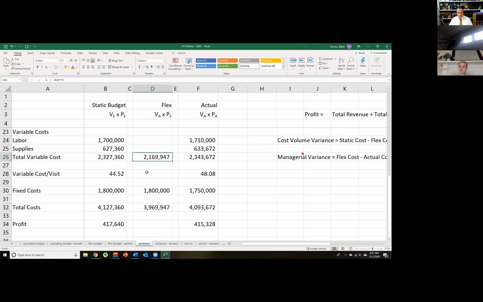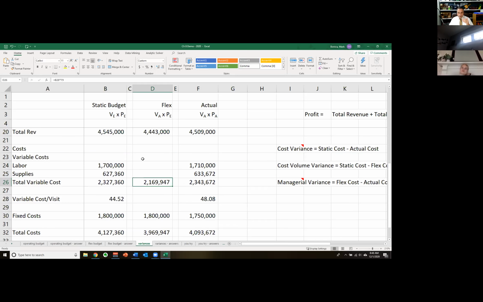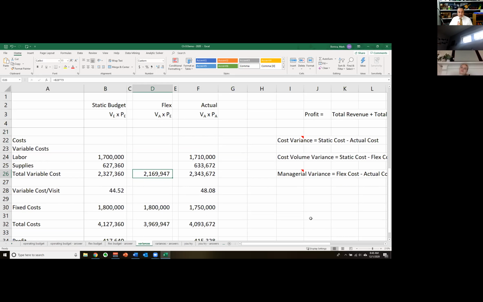And it's important in order to calculate the flex amount, because the flex amount is the actual volume times the expected price. You need some price to work with, and in this case it would be with variable cost. Variable cost is tied to the number of visits, right? Now that we're in cost as opposed to revenue, cost is independent of how the revenue comes in.